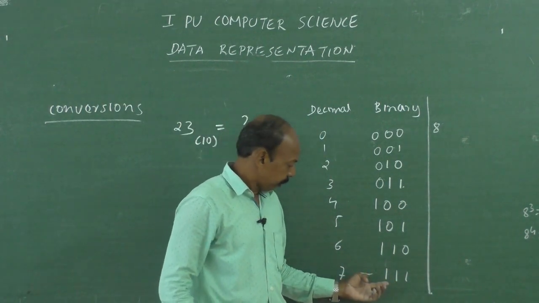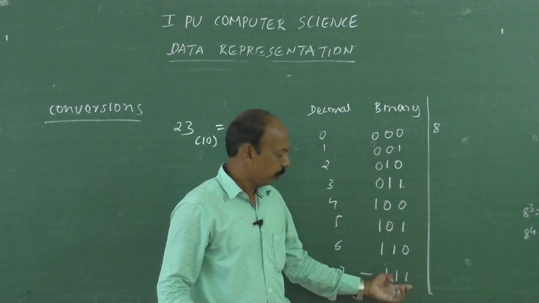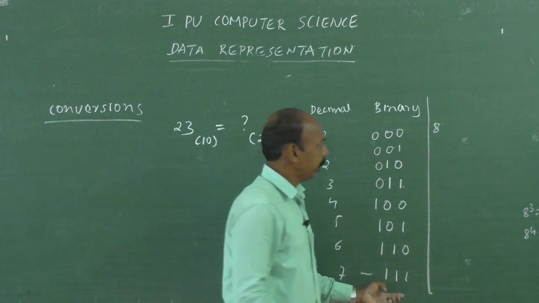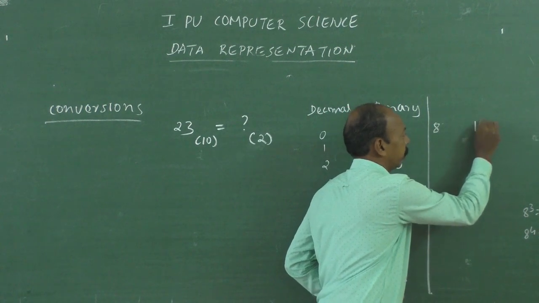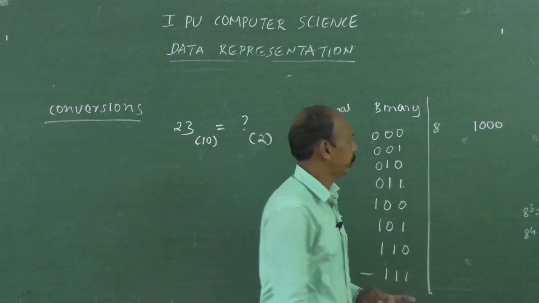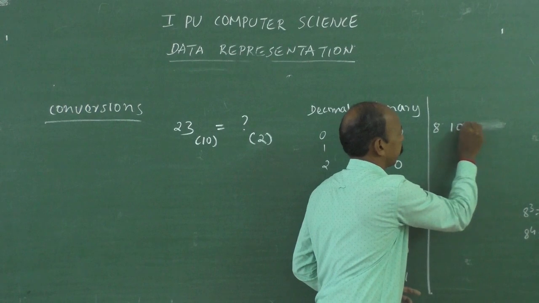Here also, with respect to 3 bits, we can't have any value greater than this. That's why we have to go for one extra bit, that is 1000.